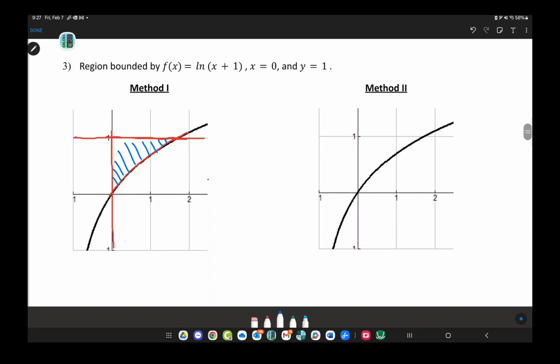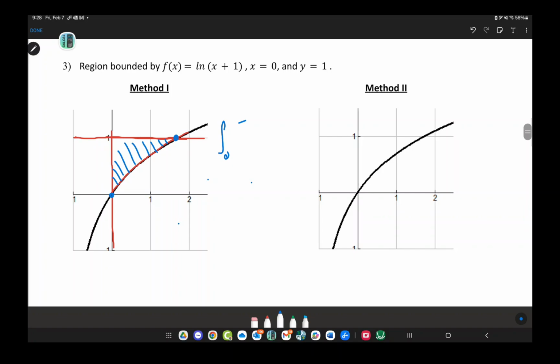Now, what I don't have is the bound, do I? So what do I need to do? I know 0 is one of my values. I'm going to integrate from 0 to something. I need to find where natural log of x plus 1 is equal to 1.